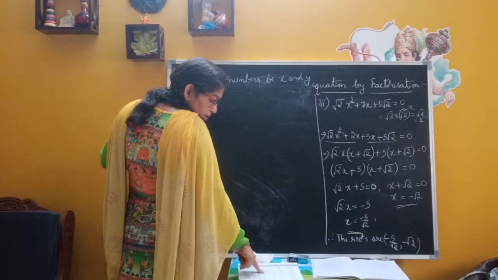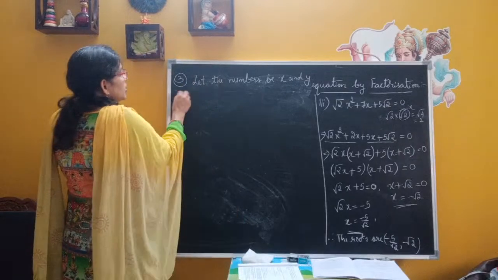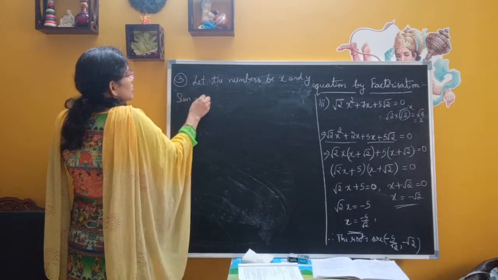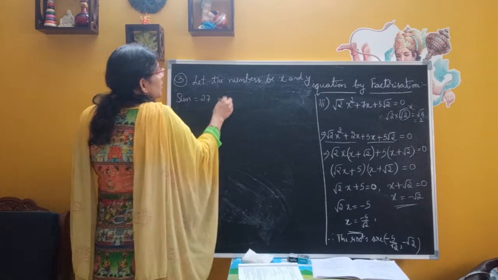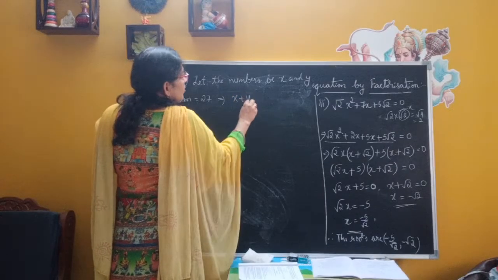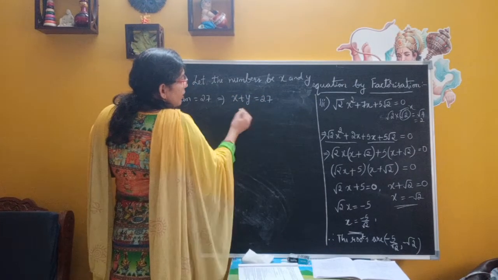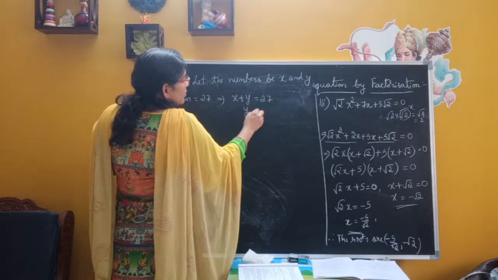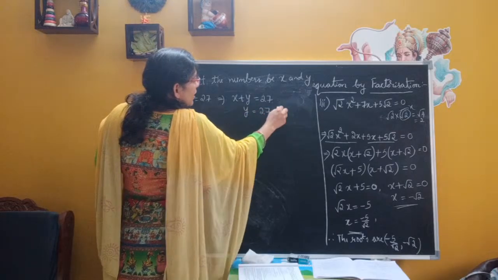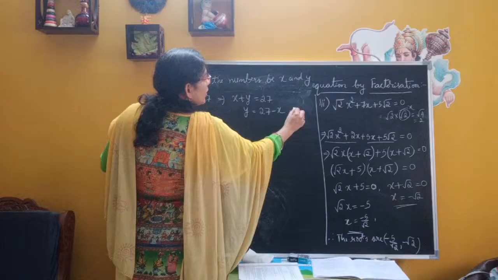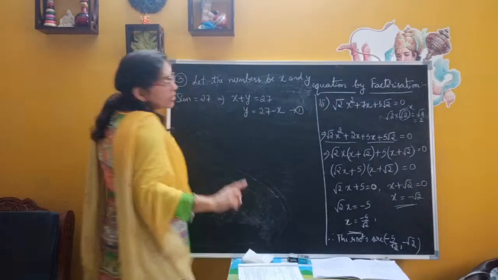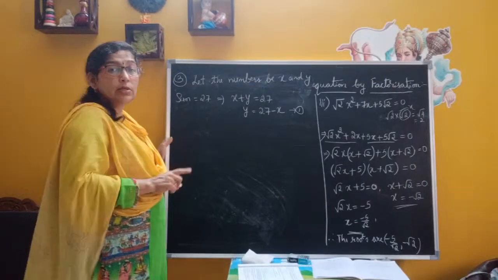Their sum is 27. What does it mean? x plus y is equal to 27. And we write y as 27 minus x, because we need to get a quadratic equation in one variable.